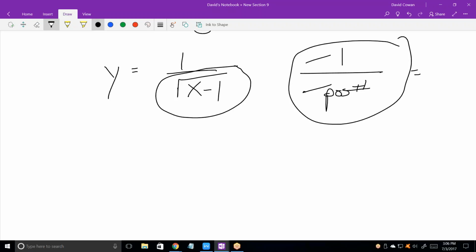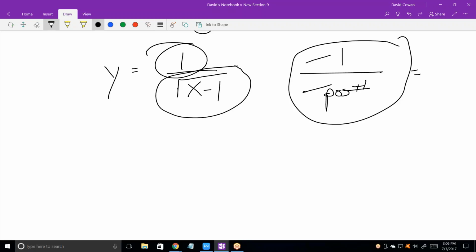Can I make y 0? By that I mean, can I come up with a value of x that makes y 0? No, because for y to be 0, the numerator has to be 0. Always. It doesn't matter what the denominator is.